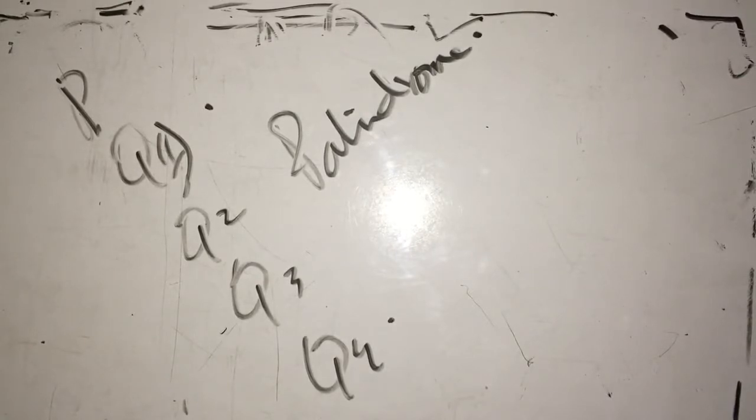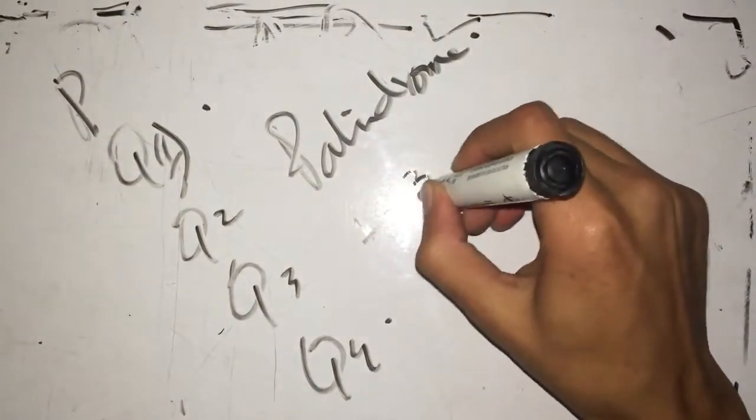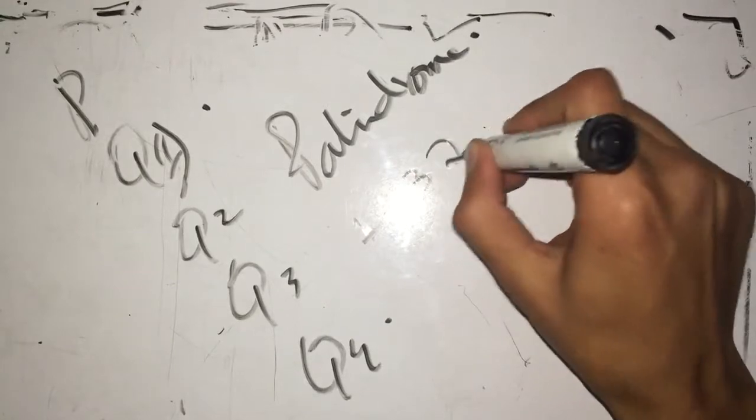So what is a palindrome? For example, you have a number 1, 2, 3, 2, 1.